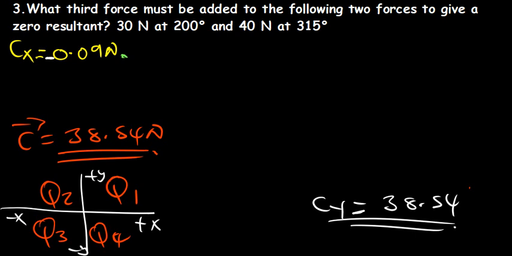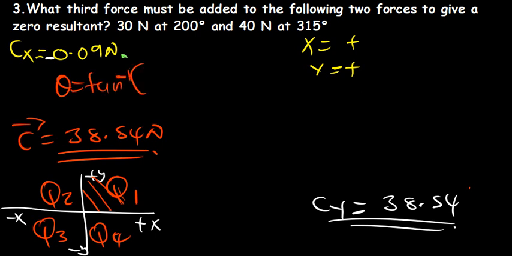To know that this vector is going to be in the first quadrant, if the x component is positive and the y component is positive, that angle is going to be in the first quadrant. In the first quadrant, you use the formula theta equals tan inverse of the y component divided by the x component, and the theta you find is the answer.